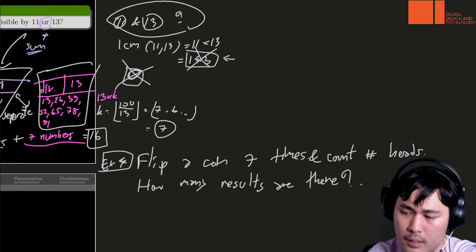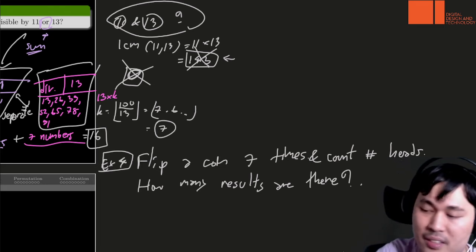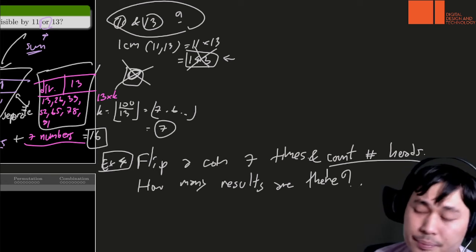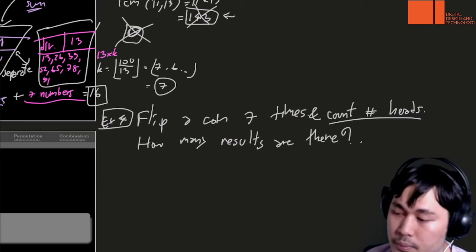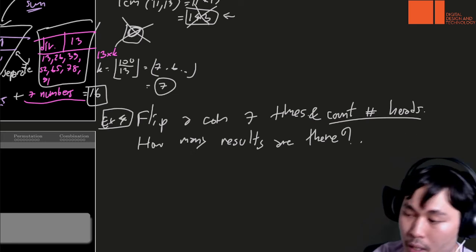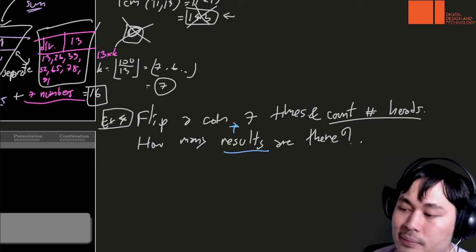So that's a simple one. We flip a coin 7 times and count how many heads there are among those 7 flips. And the question is how many results are there. First notice that the results here are not sequences of coins.